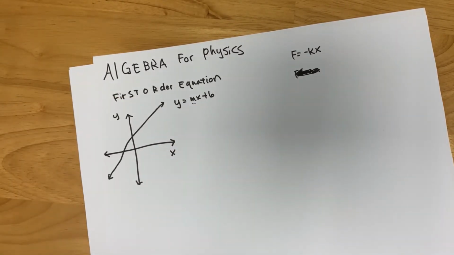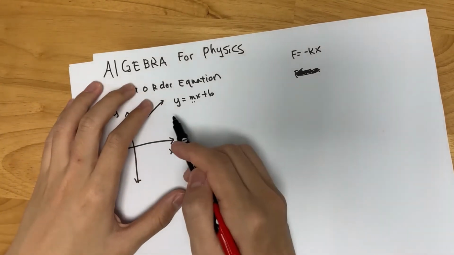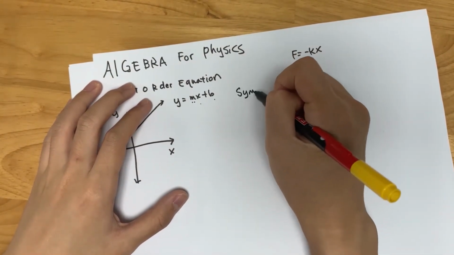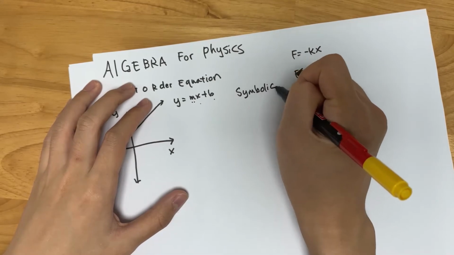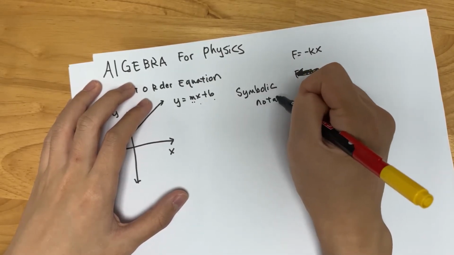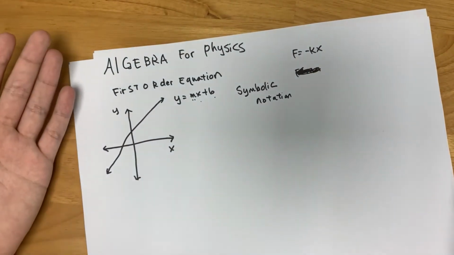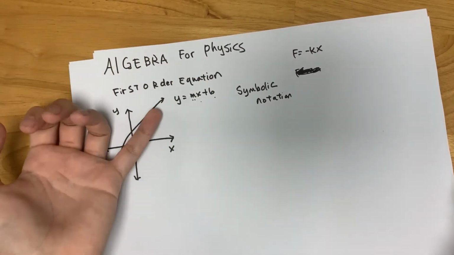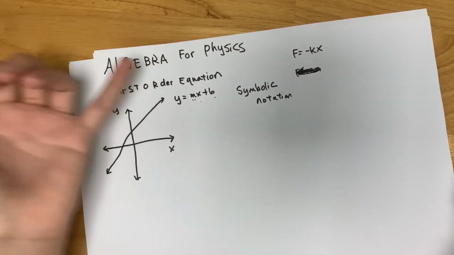You call it slope, and this is for y, x, and b and m, which are called symbolic notations. It could be z, it could be a, it could be anything. We just name it that way.